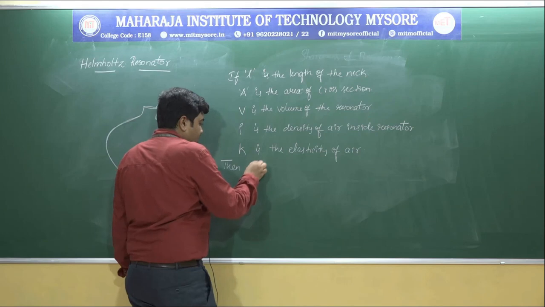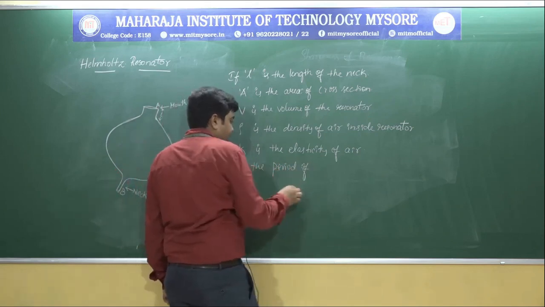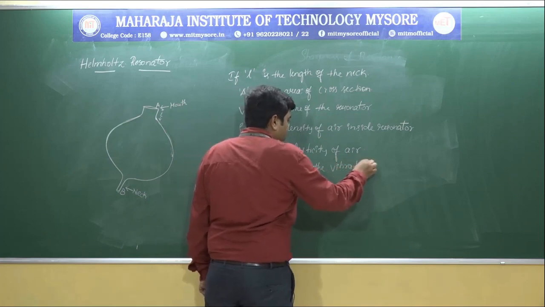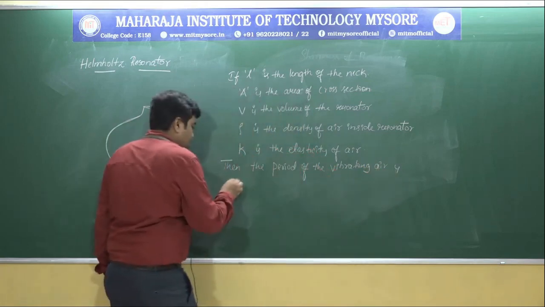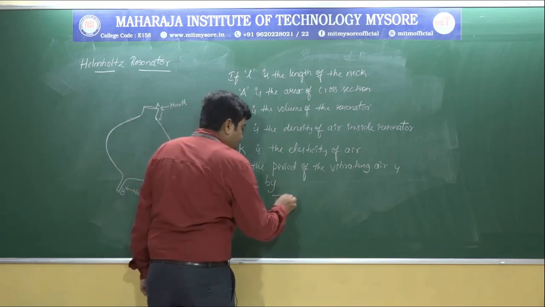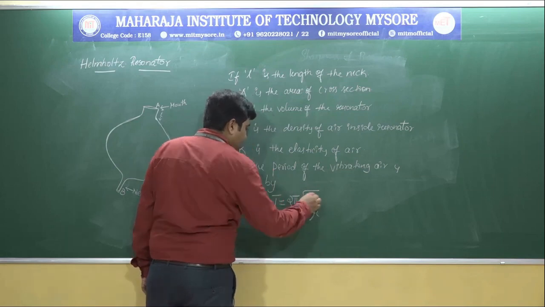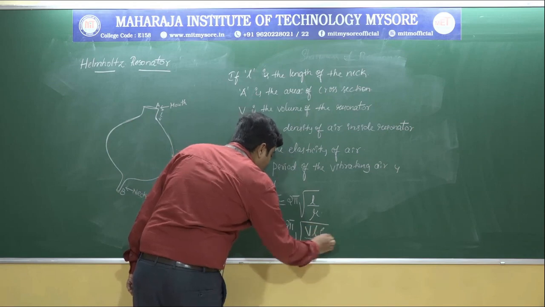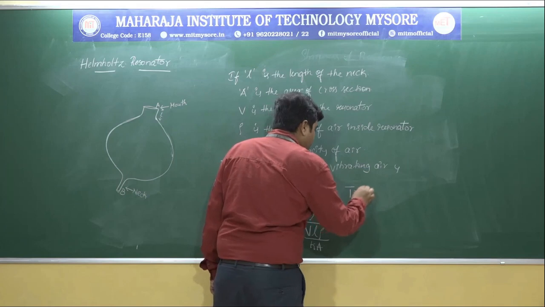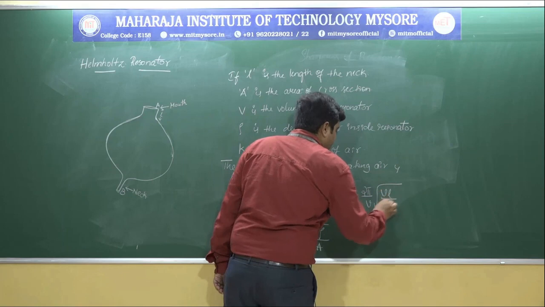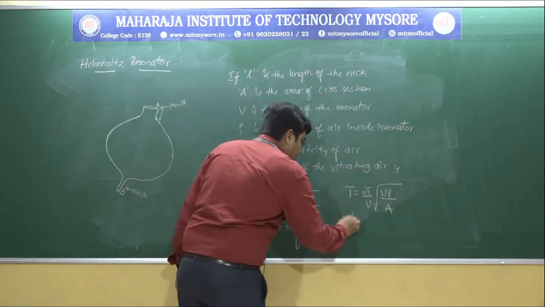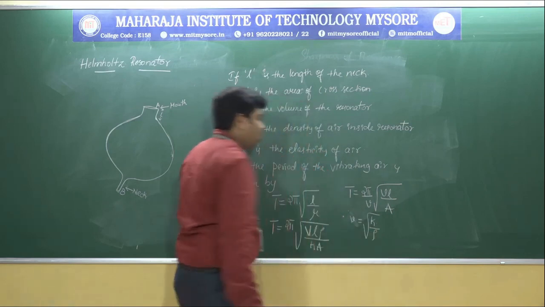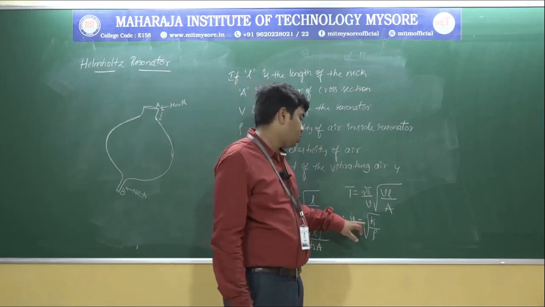Then the period of the vibrating air is given by T is equal to 2 pi into square root of 1 by mu, or 2 pi into square root of VL rho, or T is equal to 2 pi by v into square root of VL by A, because v is the velocity of sound in air, so v is equal to root of K by rho.